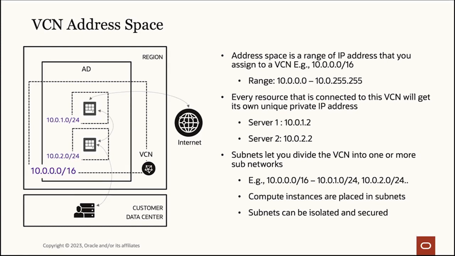The networking service will reserve the first two IP addresses and the last one in each subnet CIDR. For IPv6, you can enable it for your VCNs when you're creating them, or you can enable IPv6 on existing IPv4-only VCNs.